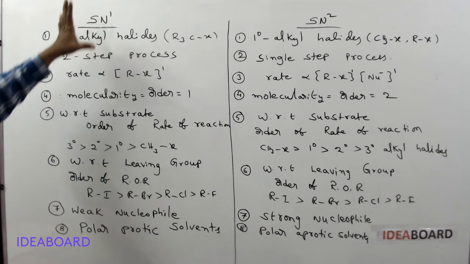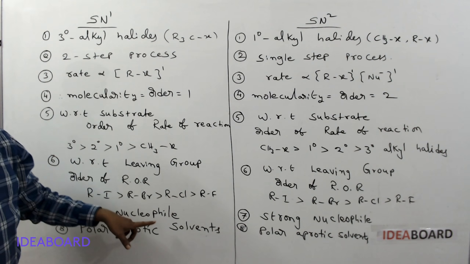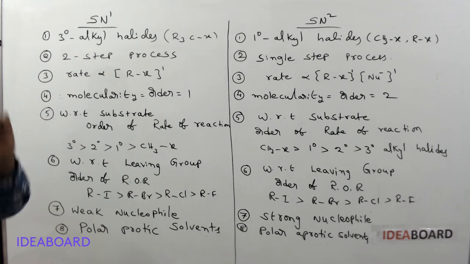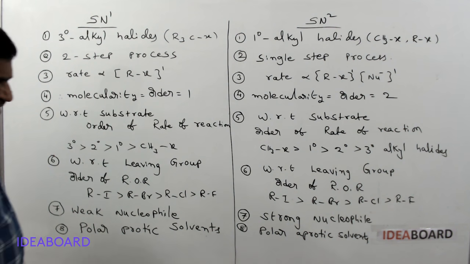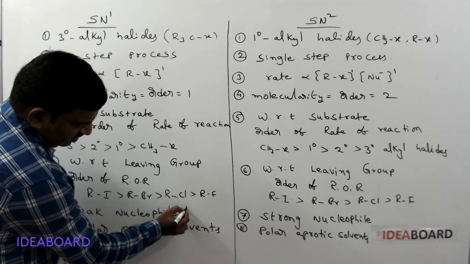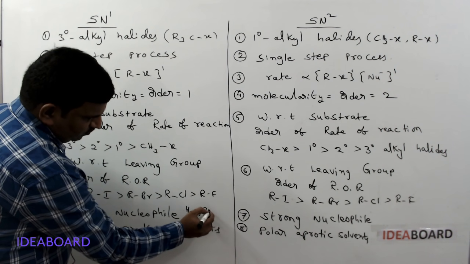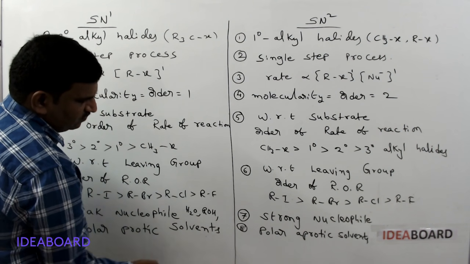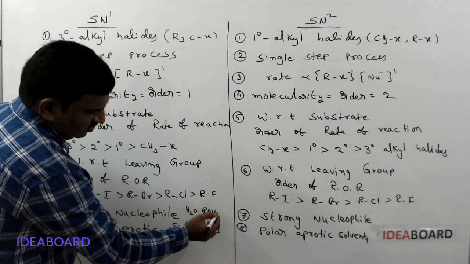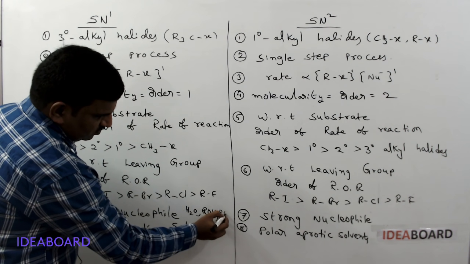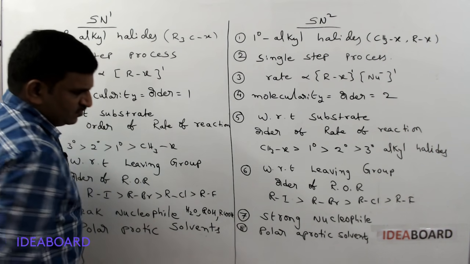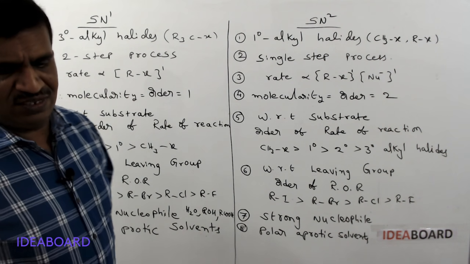For SN1 reactions, what type of nucleophiles do we use? A weak nucleophile is used. For example, H2O is a weak nucleophile, ROH is a weak nucleophile, and RCOOH is a weak nucleophile. So weak nucleophiles are generally used.